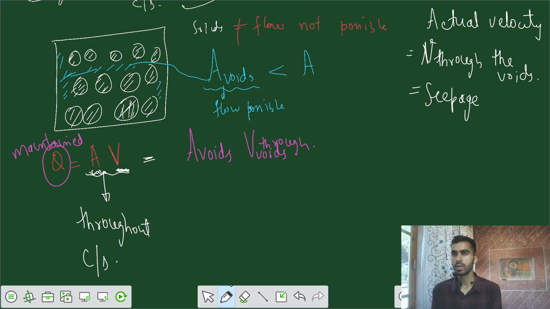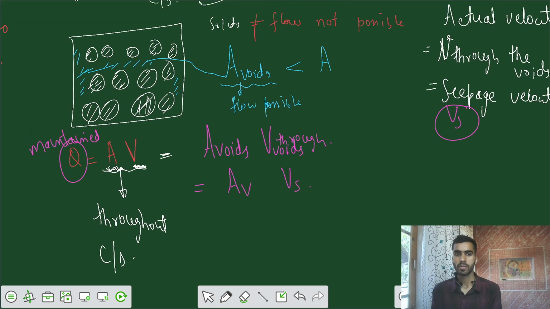The water is going to seep through the voids only. So we denote that by Vs, your seepage velocity. So we can replace this with area of the voids into seepage velocity.